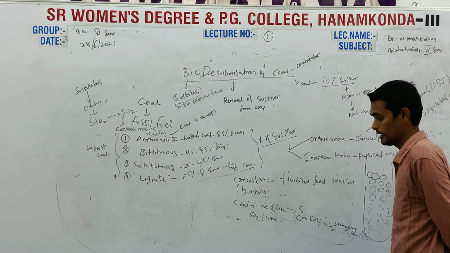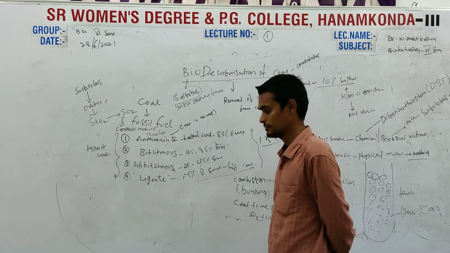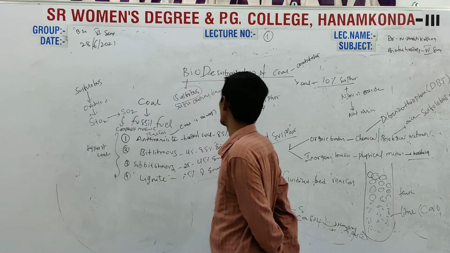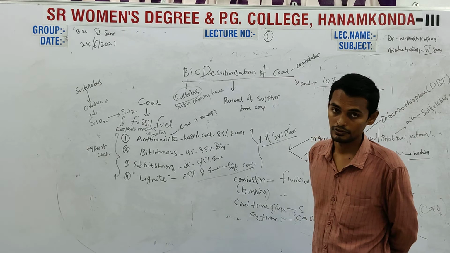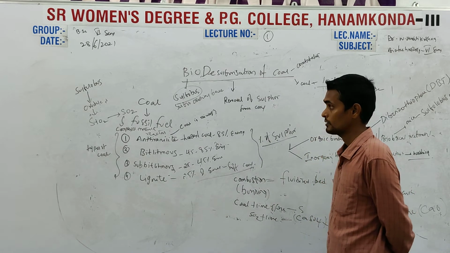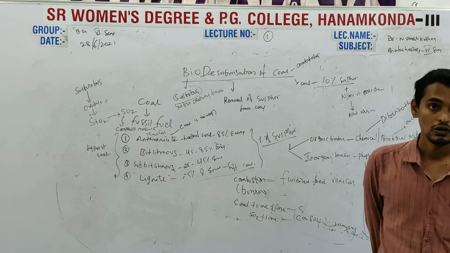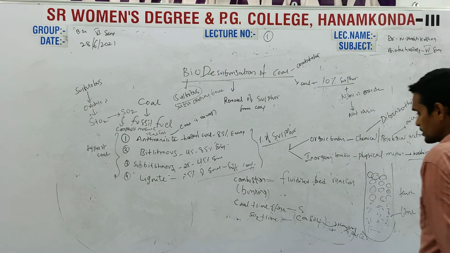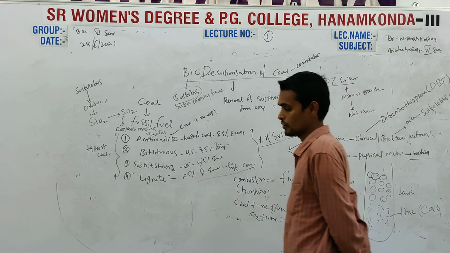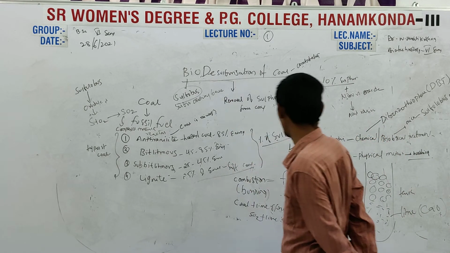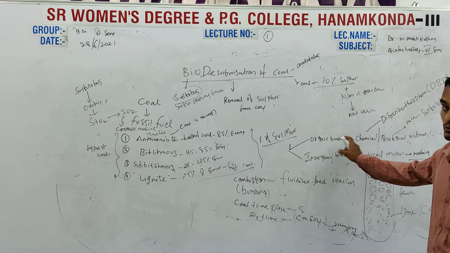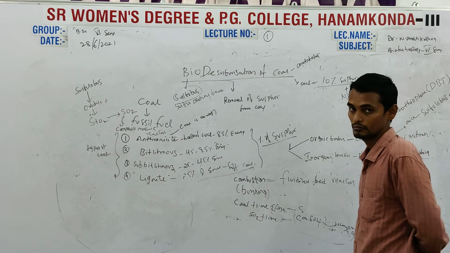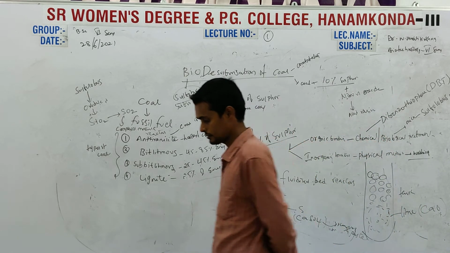If you use biological organisms for the desulfurization of coal, that is called biodesulfurization of coal, which is nothing but using biological organisms to make the toxic sulfur oxide less toxic. So this biological treatment can be used for the removal of organic binding.